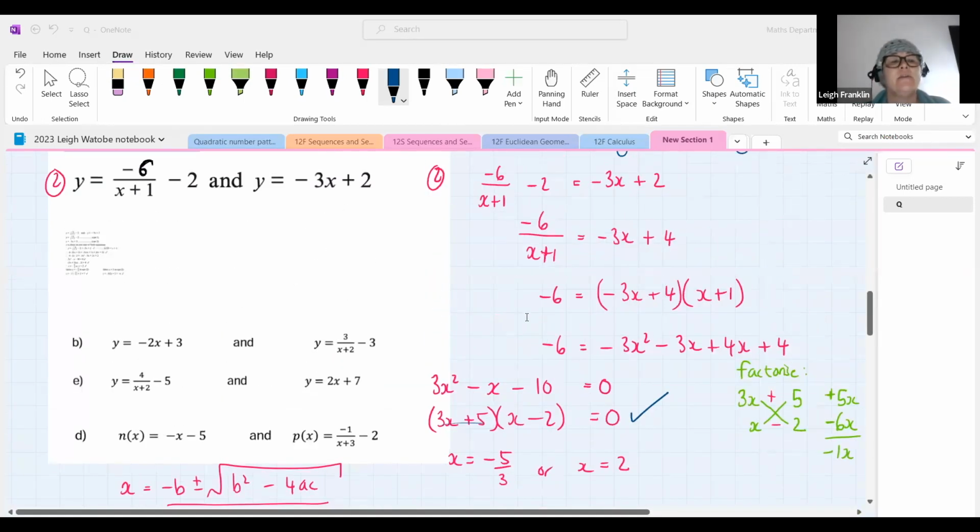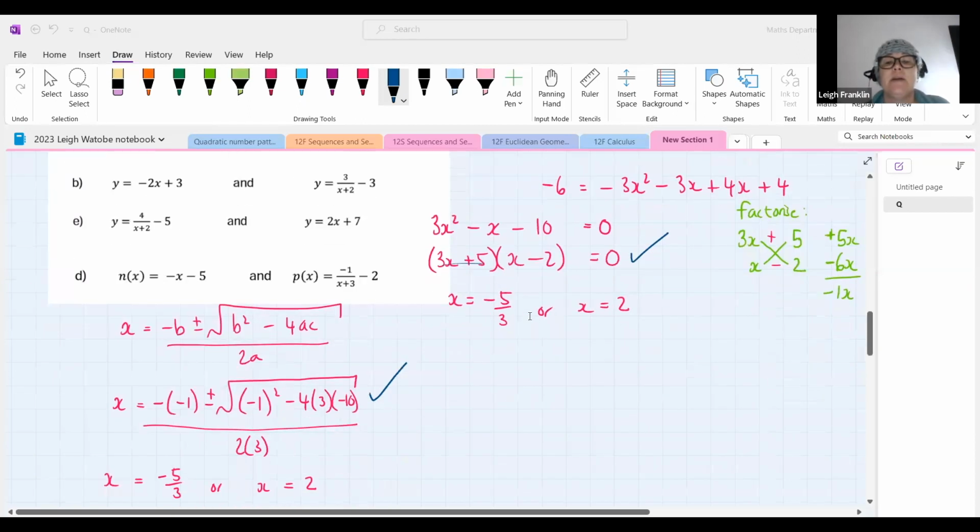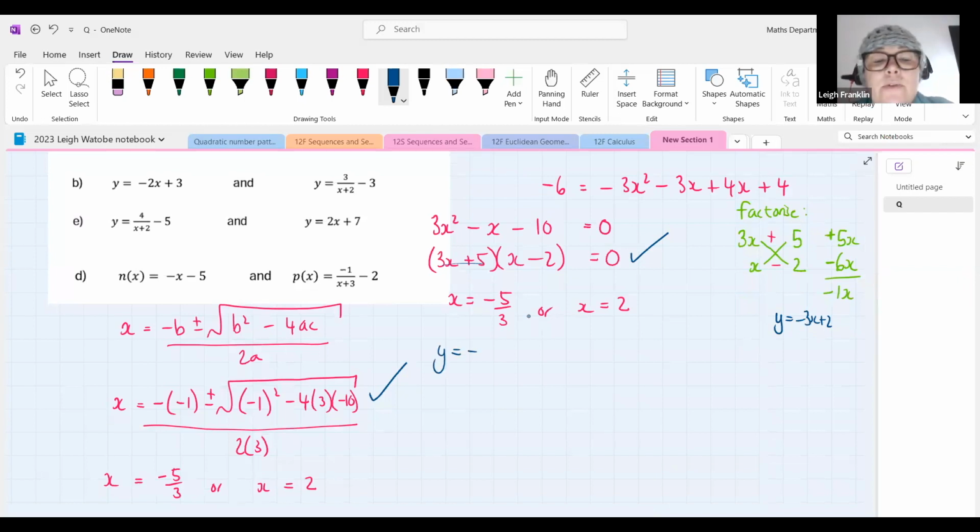Once we've done that, y equals -3x plus 2. I'm just going to write that on the side over here because we need to work out what y is. Okay, so y would be equal to -3 times -5/3 plus 2. So that means that y would be equal to -3 times -5 would be 15. 15 divided by 3 is 5, and 5 plus 2, that would be 7.